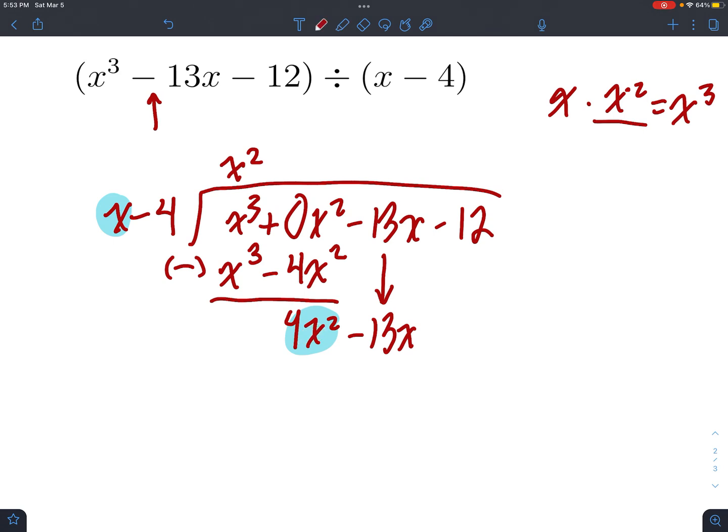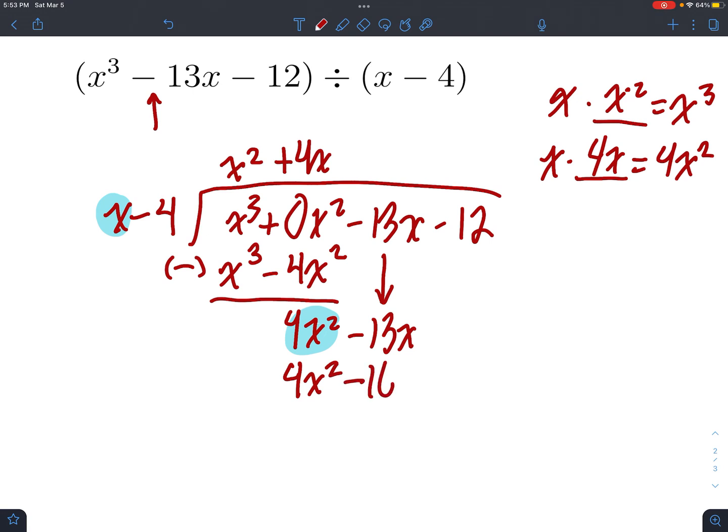And look here. What do you multiply x by to get 4x squared? And the reason why I'm asking that is because that will cancel this. So when you figure out that the answer is 4x, and you put that up here, and we multiply, we get a double 4x squared, right?